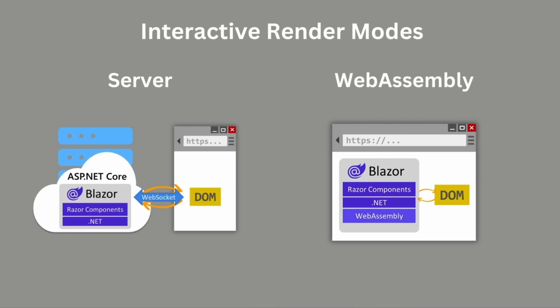In interactive server rendering, the server always requires an open connection with the browser, which may result in server costs or some latency. The second approach, interactive WebAssembly rendering, initially has a longer load time while the .NET runtime is downloaded, but once it's done, it is cached, available for future use.